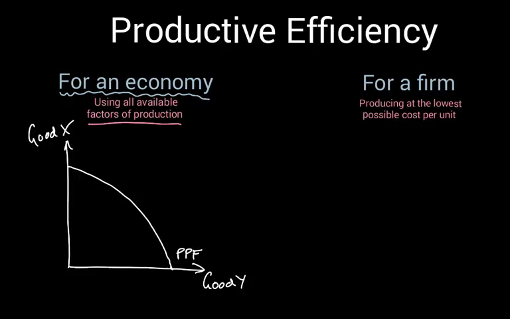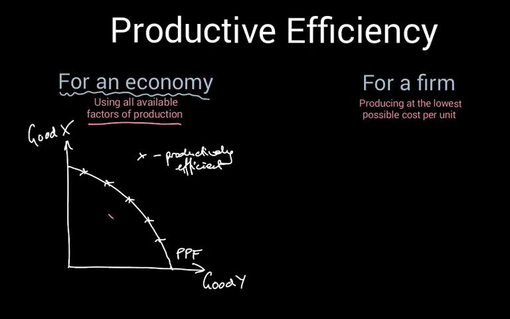So what we said was that any point along this PPF line, wherever we are along this line here, all of those white X points, they are productively efficient, because at all of those points the economy is using all of the factors of production which are available. So we say that the economy at that point is productively efficient.